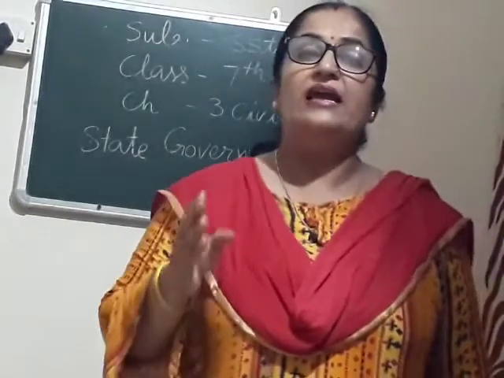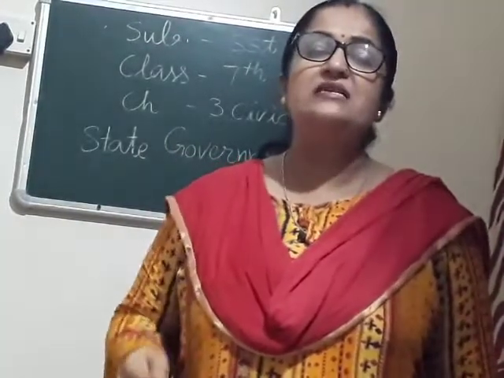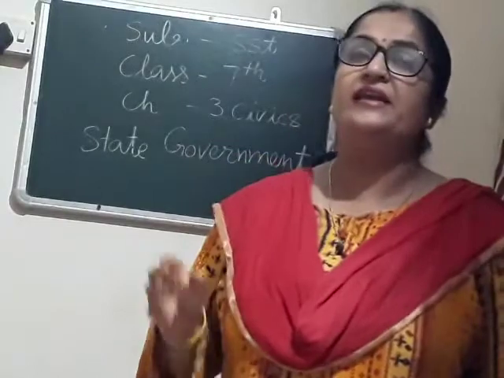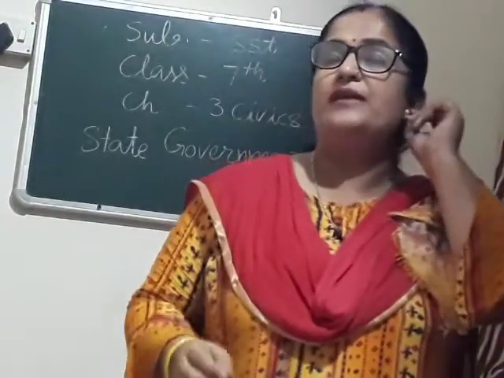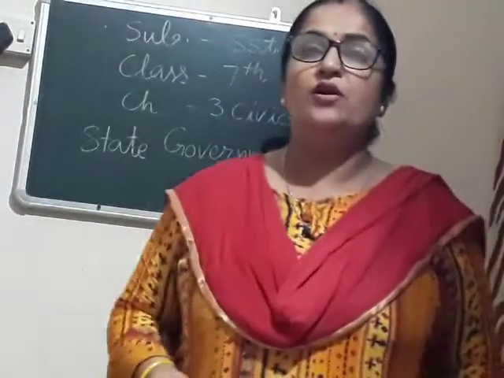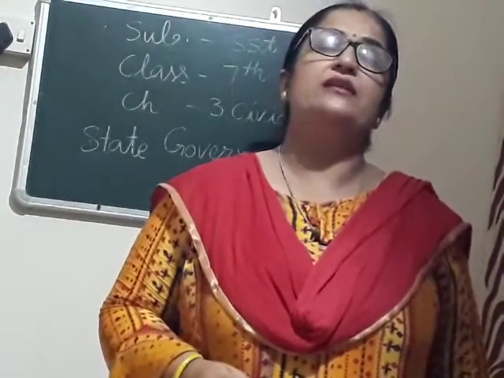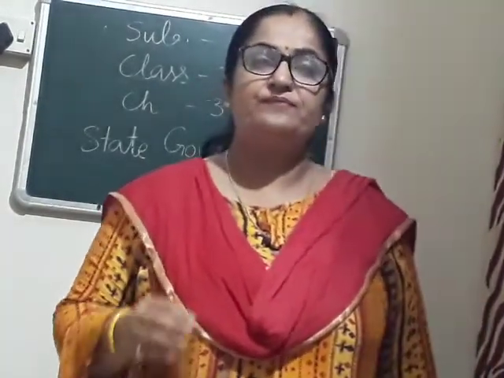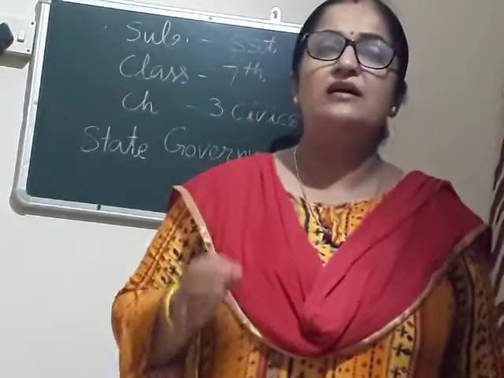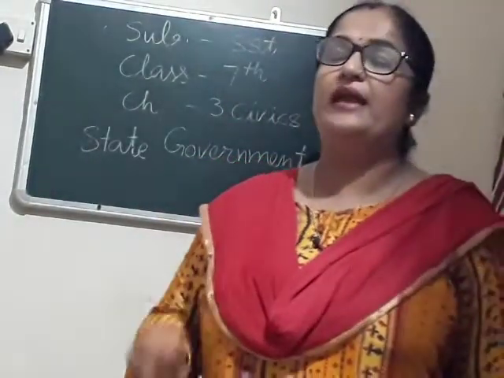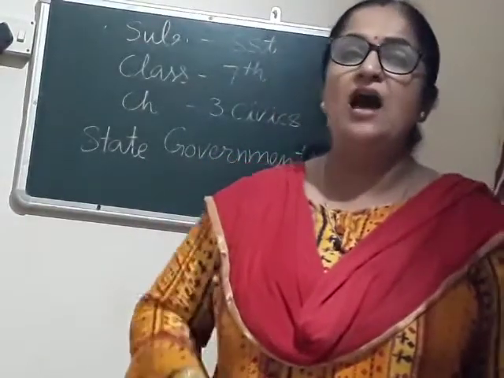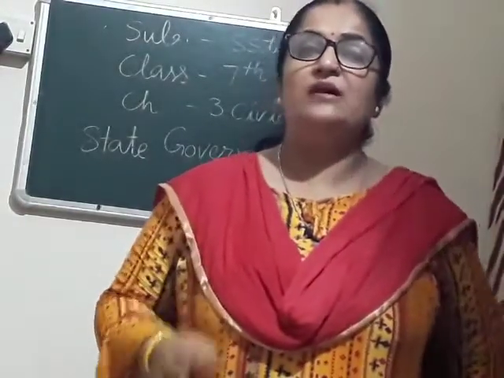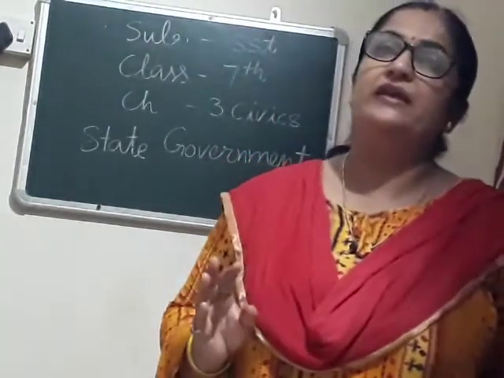In case a law has to be passed urgently, the governor can issue an ordinance if the assembly is not in session. Right? His or her assent is very important in introducing the annual budget in the assembly.